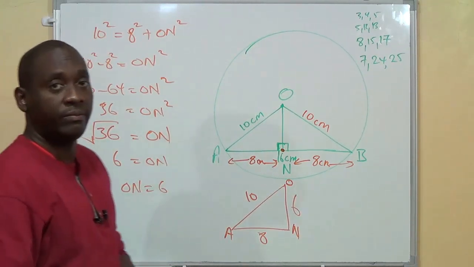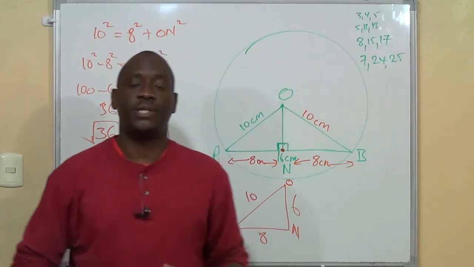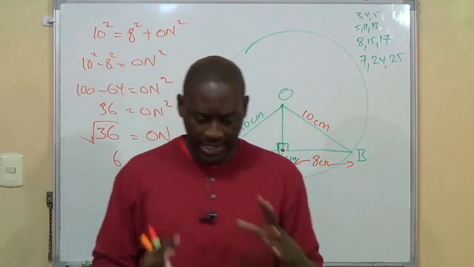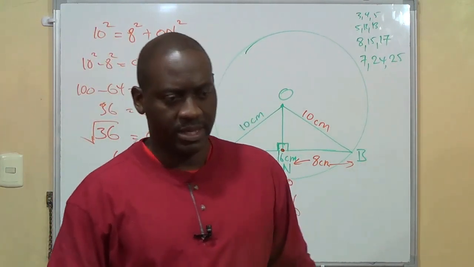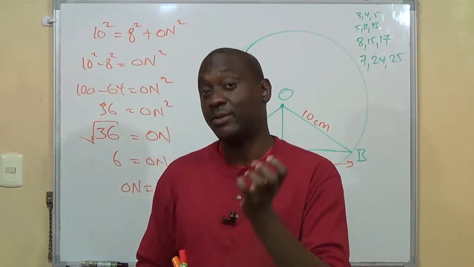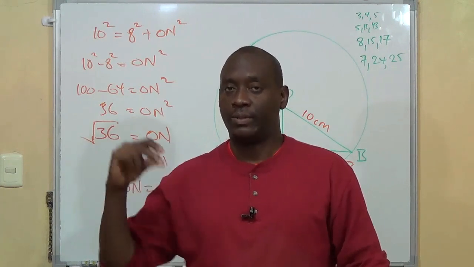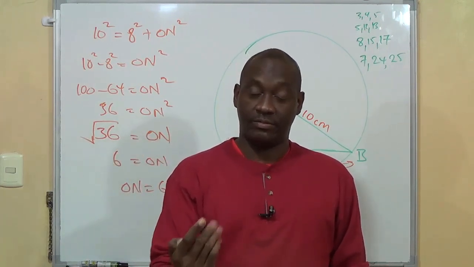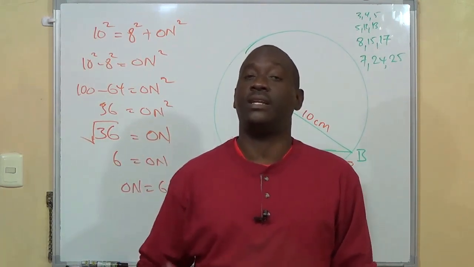Now that's the long way. And the reason why I say that is the long way is because in the multiple choice, a lot of the questions are such that there are certain little things that if you know them, it will make your life a lot easier in terms of being able to finish the question a lot faster.